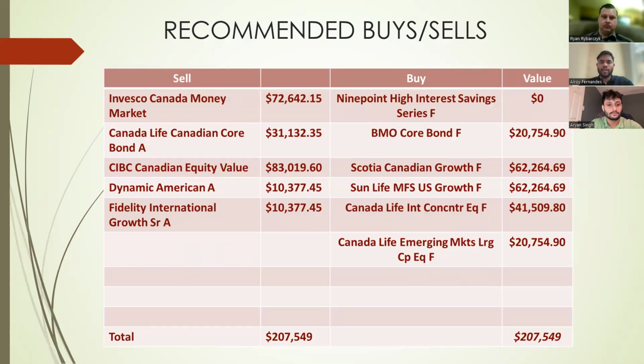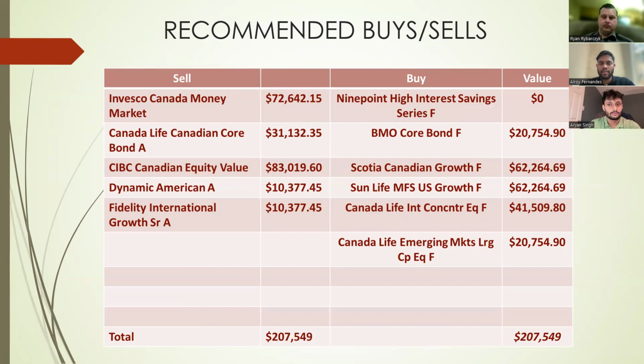Because we have our own approach to asset management and investment research that we spent years developing, we're going to recommend that you sell your current portfolio in its entirety. Your new strategy will be allocated as follows. In the fixed income category, we recommend buying $20,754.90 of BMO Bond Fund. For Canadian equity, we're going to recommend purchasing Scotia Canadian Growth Fund.